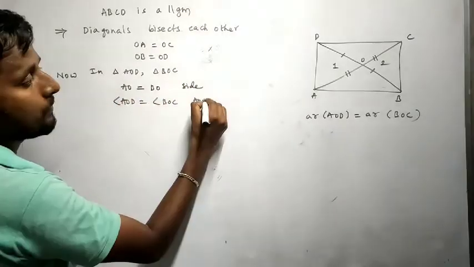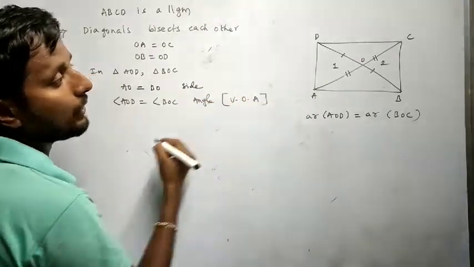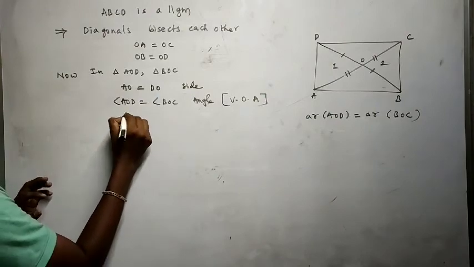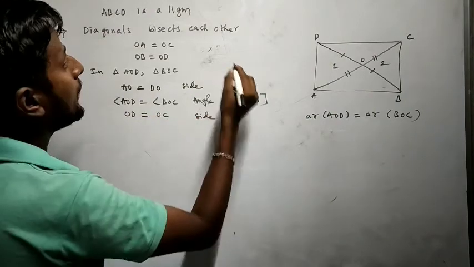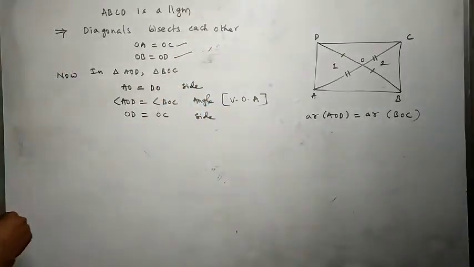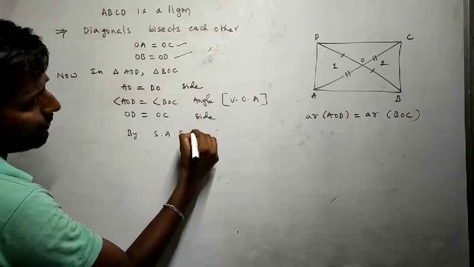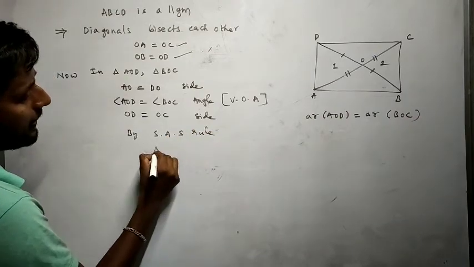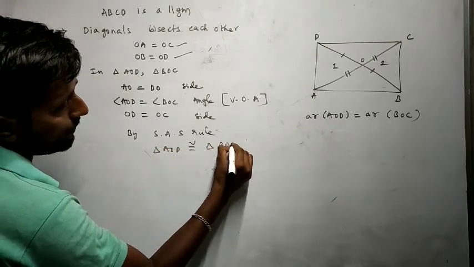It's an angle, because vertically opposite angles are equal, correct? So we'll write here OD is equal to OC. It is also a side because I already said diagonals bisect each other. So we'll write by SAS rule, triangle AOD is congruent to triangle BOC.